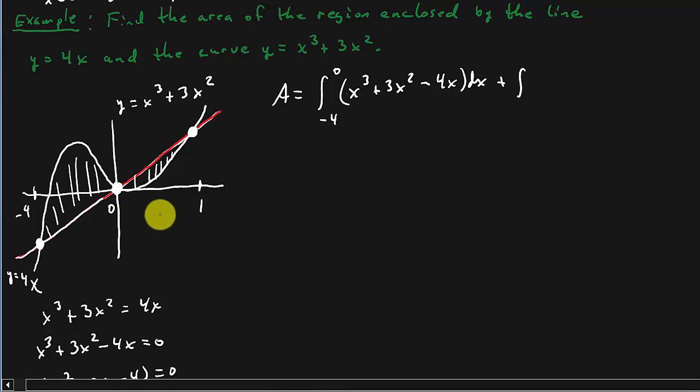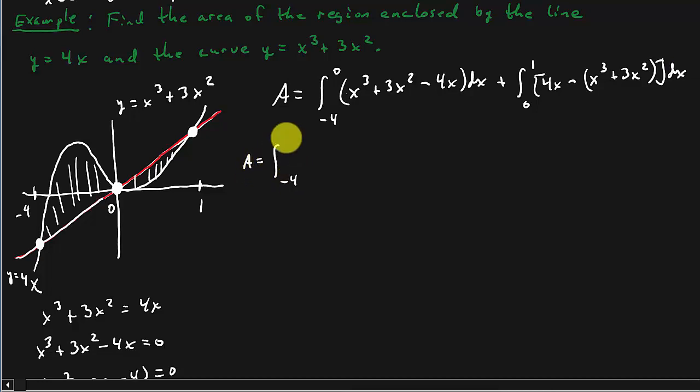Now we're going to integrate from 0 to 1, and it's the curve on top, the 4x, minus the curve on bottom, x cubed plus 3x squared, and that's got to be in parentheses because it's minus the whole thing, dx. Okay, so let's rewrite this again.